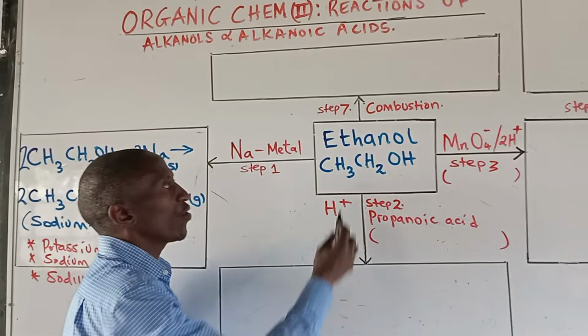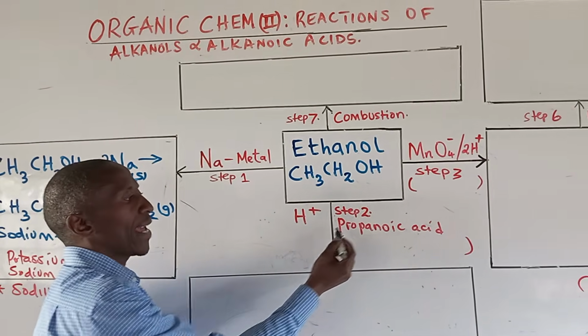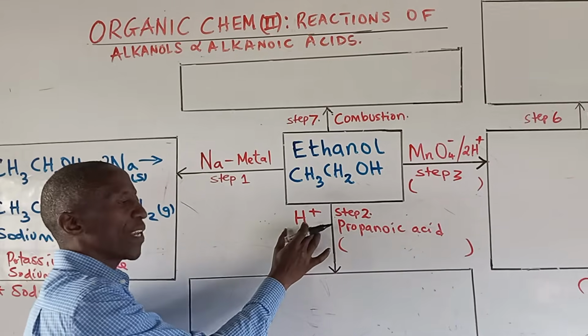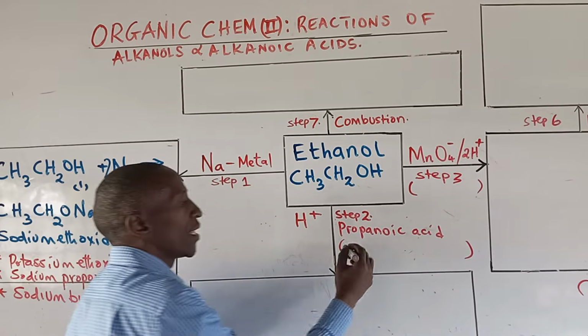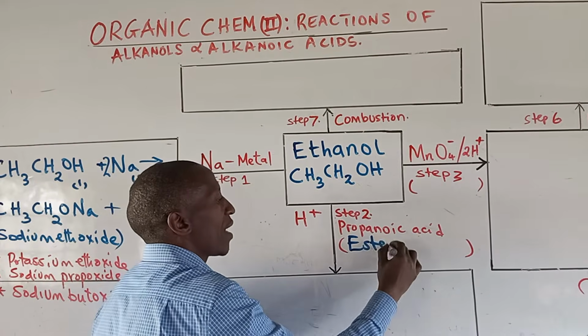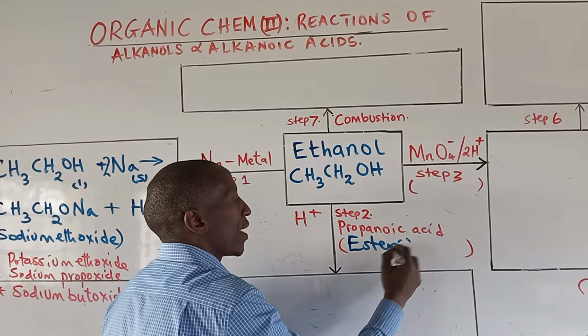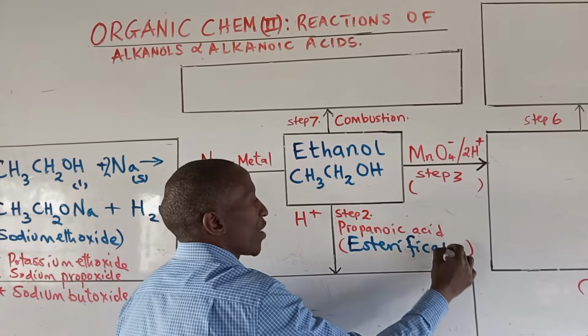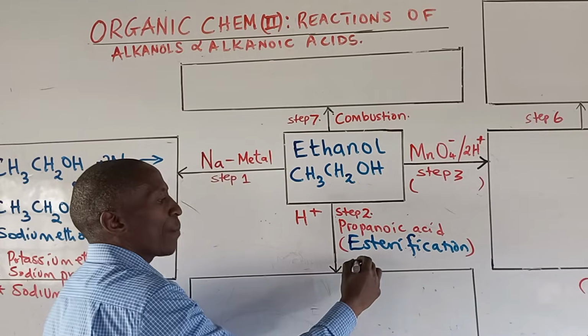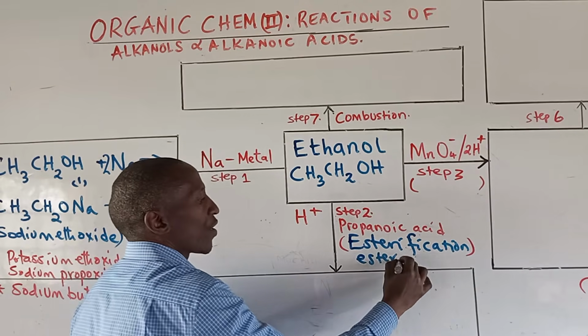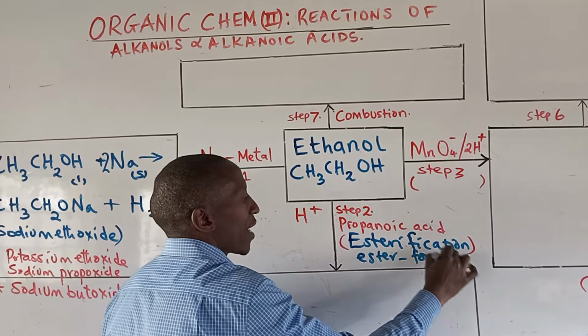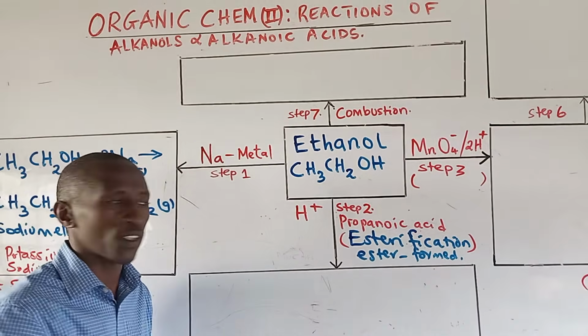The reaction of an alkanol and an alkanoic acid in presence of sulfuric acid, we call esterification. And this is a process whereby an ester is formed. Let's look at that process.